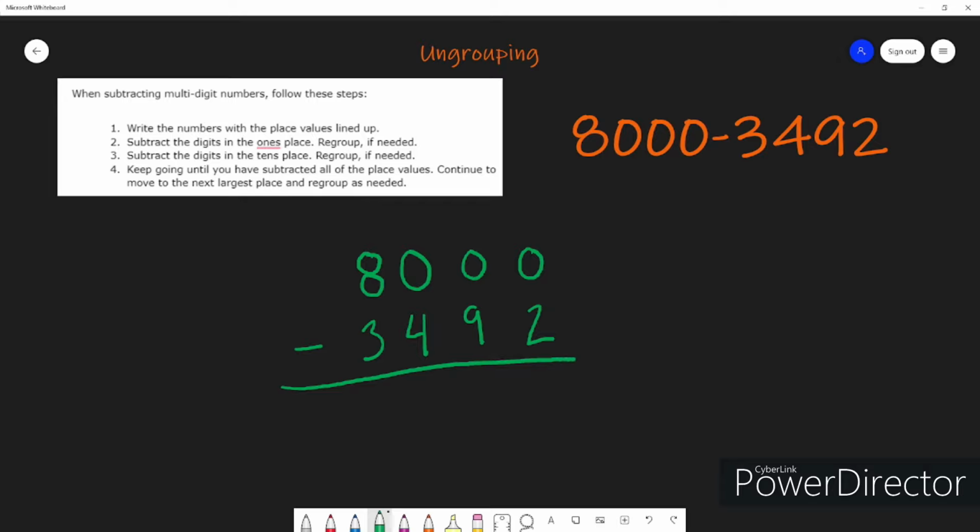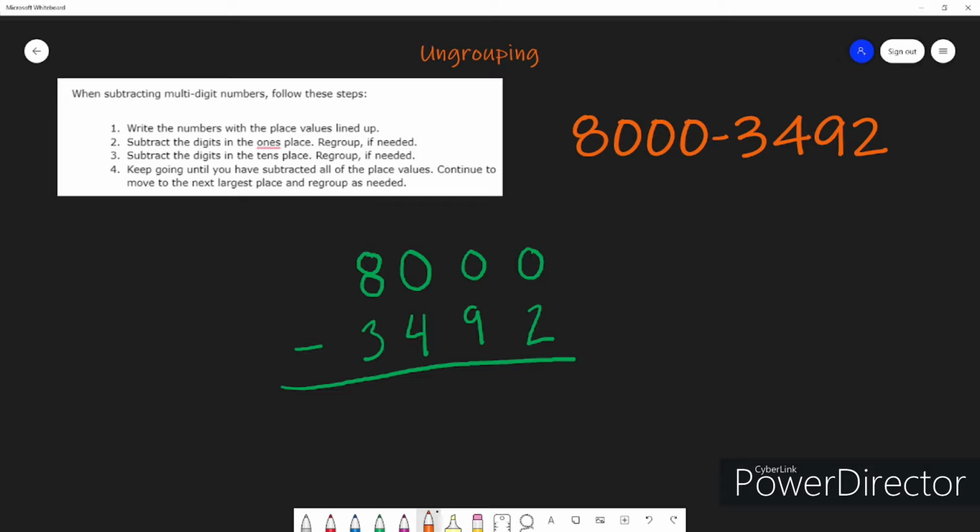So with these zeros in the tens place, the ones place, and the hundreds place, and leaving the thousands place out for a second, you notice many zeros. And you're unable to ungroup those numbers. So this is an idea of ungrouping, whether you're going from left to right or right to left, meaning starting at the thousands or starting at the ones.